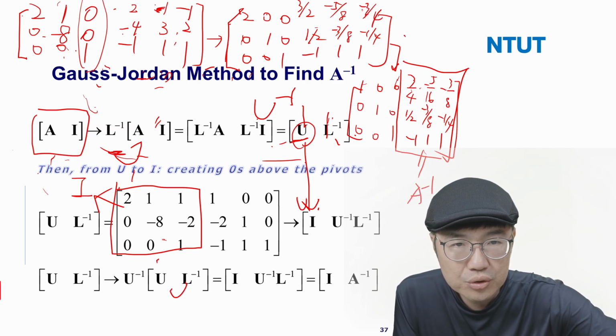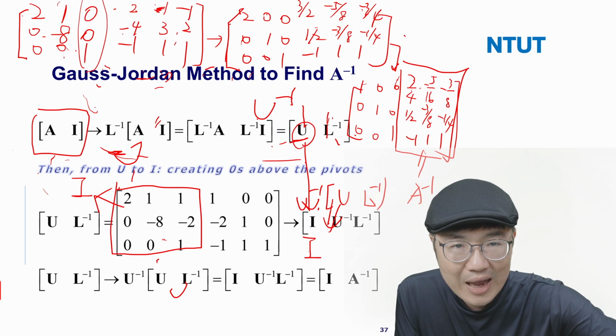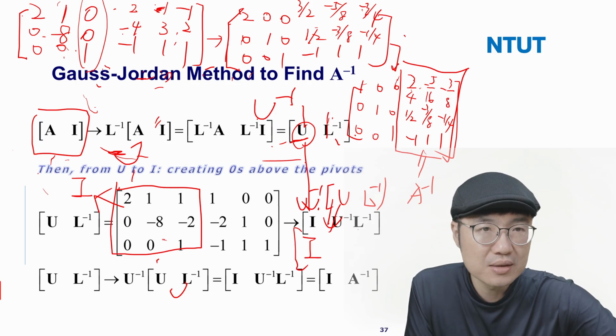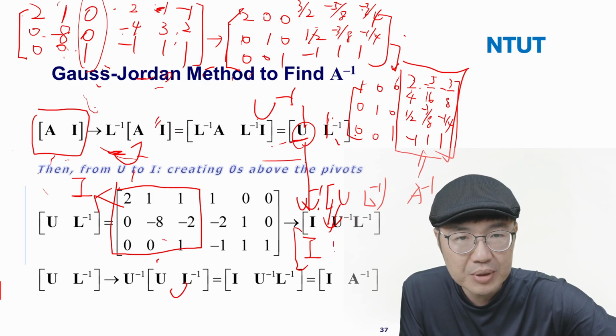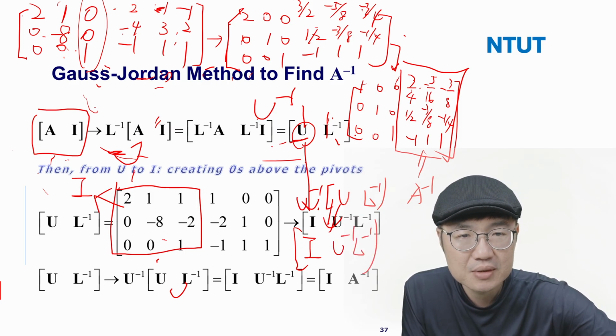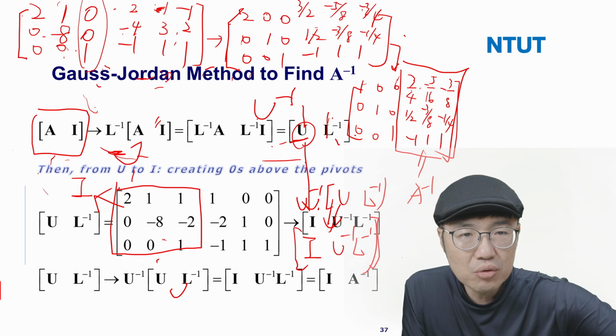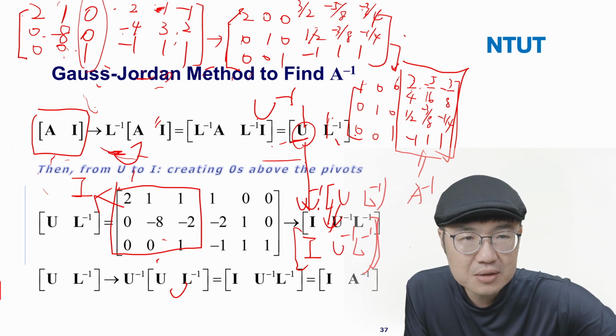Here, U inverse makes U L inverse into I, and U inverse will also turn the following L inverse into U inverse L inverse, right? So what does U inverse L inverse mean?